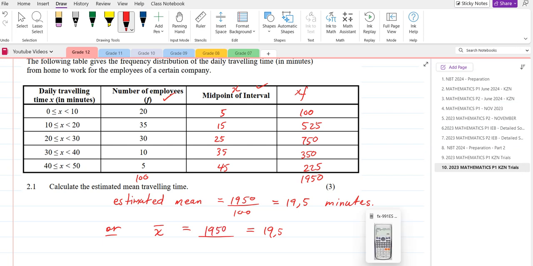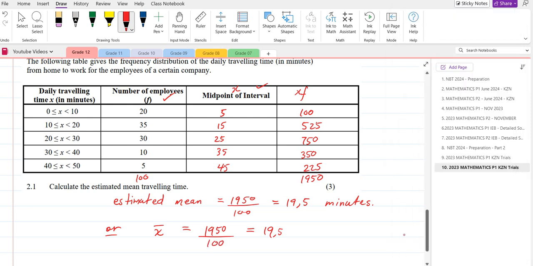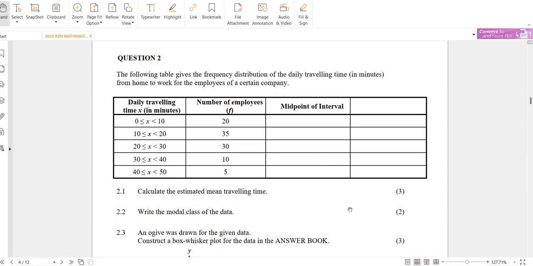And the total, if you want the total at the bottom, you put your calculator on, press shift 1, go to option number 4 and select option number 1. How many data values? n is 100. So 1950 divided by 100 is 19,5. I hope you guys are understanding. Let's move on.